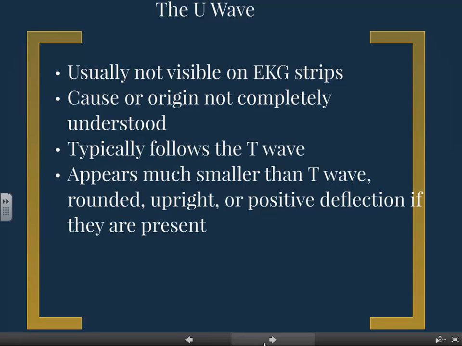All right, let's just say that's the end of the T wave. You're going to have a very small upright wave, I can't draw a good round one, and then you would start with your P wave again. So that would be your U wave. Does that make sense?